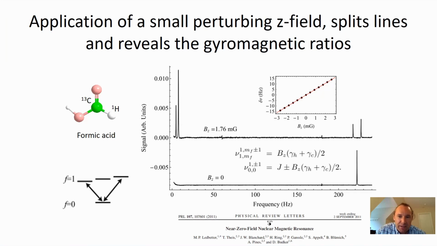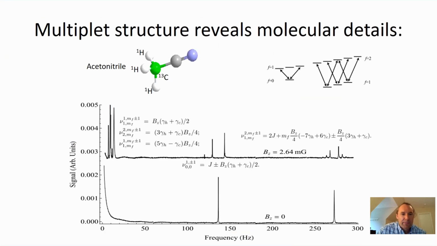Then if we apply a magnetic field, and we have this selection rule, delta MF equals plus minus 1, then we detect two lines in the presence of this magnetic field. Similarly, this can also be shown for a more complicated system such as acetonitrile.